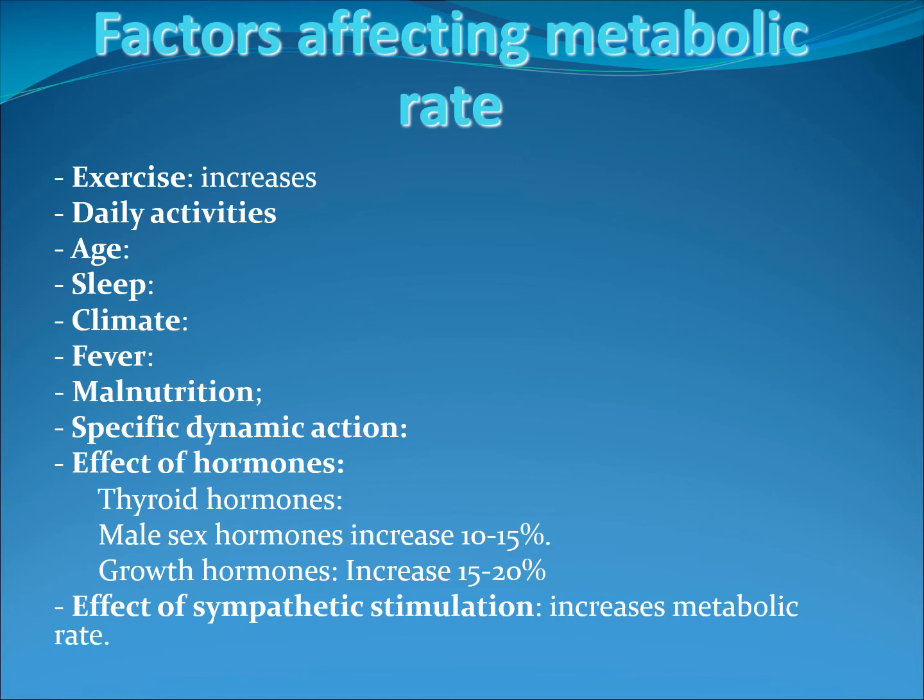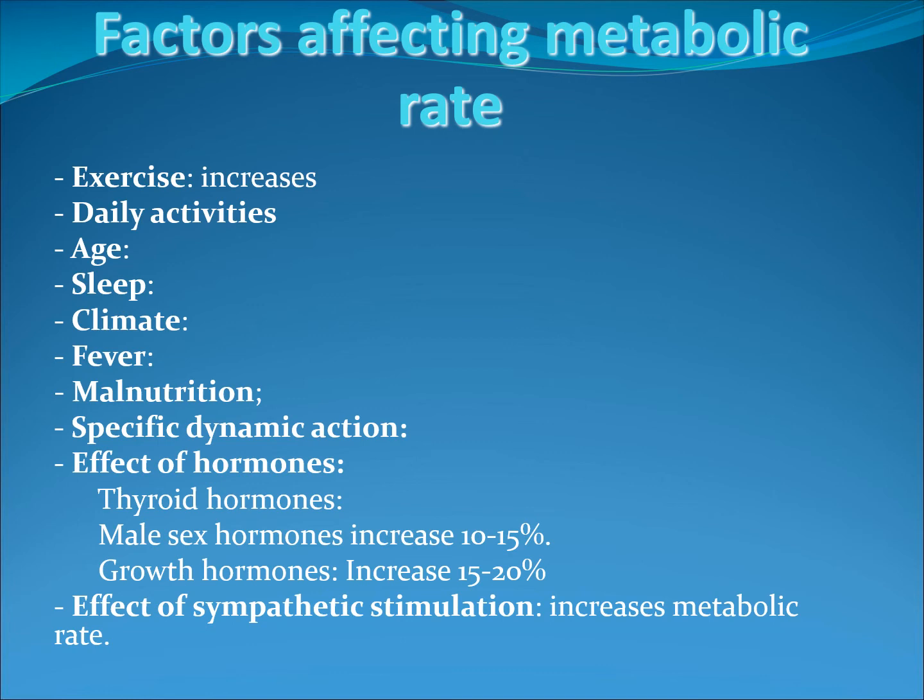With age, there is a decrease in metabolic rate. Older persons are having lower metabolic rate than kids. Don't forget, we are relating the metabolic rate to meter square surface area of that body. With sleep, the metabolic rate is lower than the metabolic rate of our awake person.